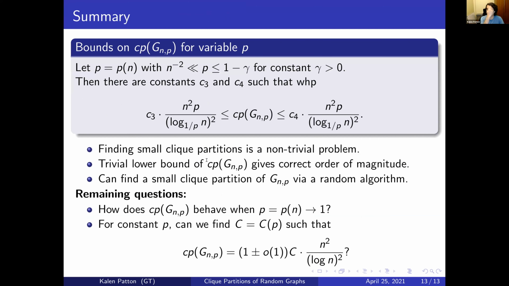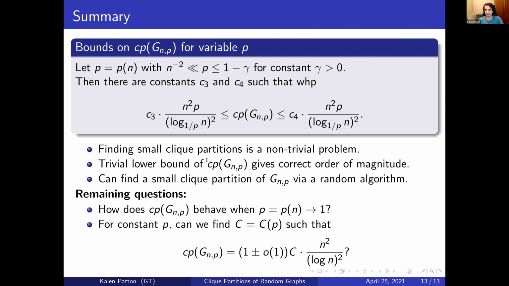Okay, and so to summarize what we discussed here, we're looking at the problem of finding clique partitions, which for general graphs is a non-trivial problem, but for the graph G(n,p), we find that the trivial lower bound on the clique partition number can give us the correct order of magnitude for the upper bound. And we can get this upper bound by using this random clique selection process.